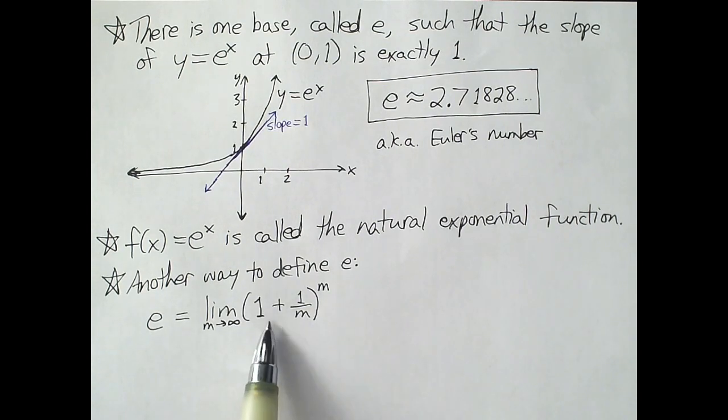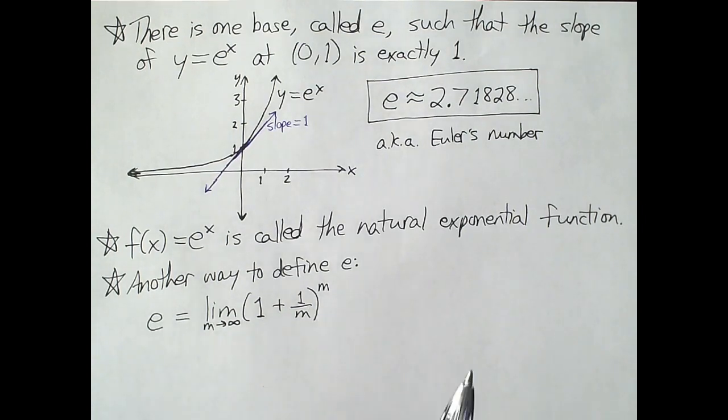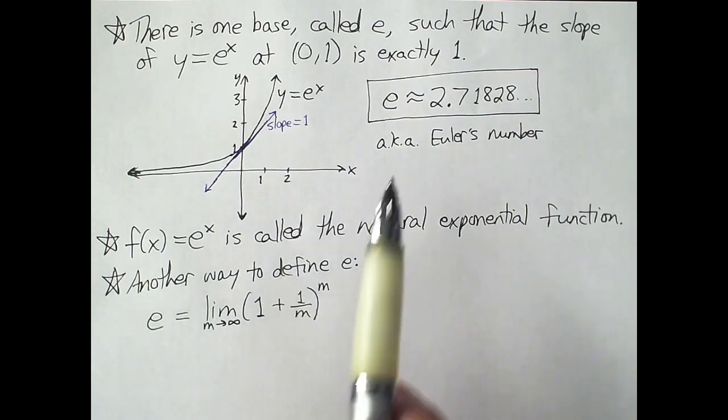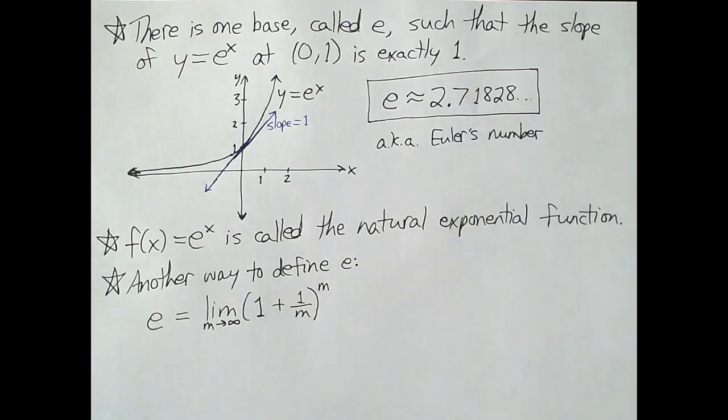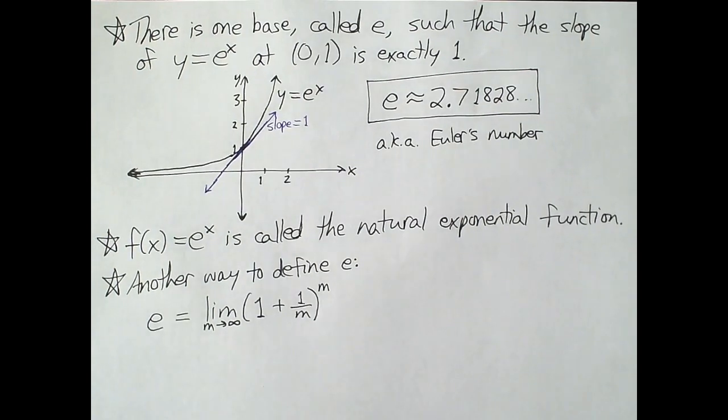So the thing in parentheses is approaching 1 from above, while the exponent is approaching infinity. So you have something approaching 1, something approaching infinity, and I'm saying that this limit actually equals exactly e, which is somewhere around 2.7. This definition is kind of tricky, and we are not prepared to prove this.